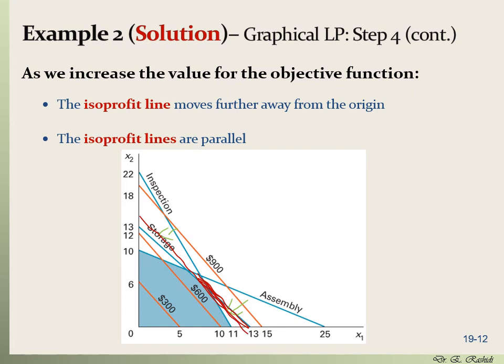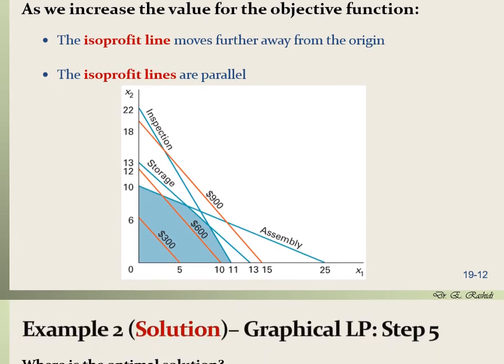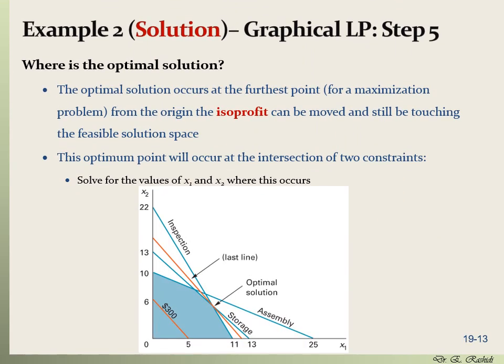This would be the extreme point where the ISO profit line touches the feasible space, so that if you move it any further, it would get out of the feasible space. That corner point, or extreme point, would be our optimal solution. All right, let's find the optimal solution here. So where is the optimal solution?